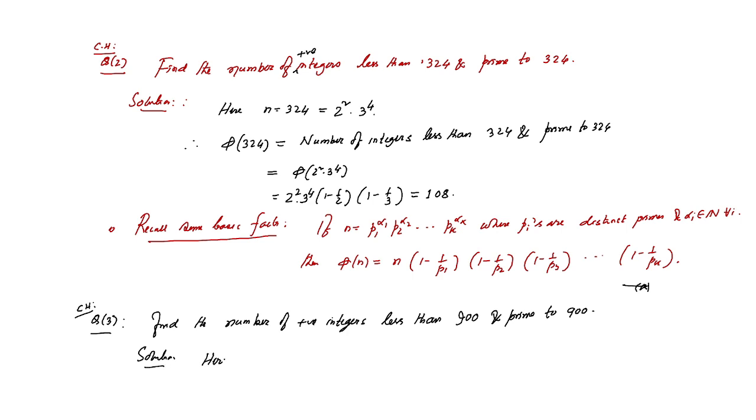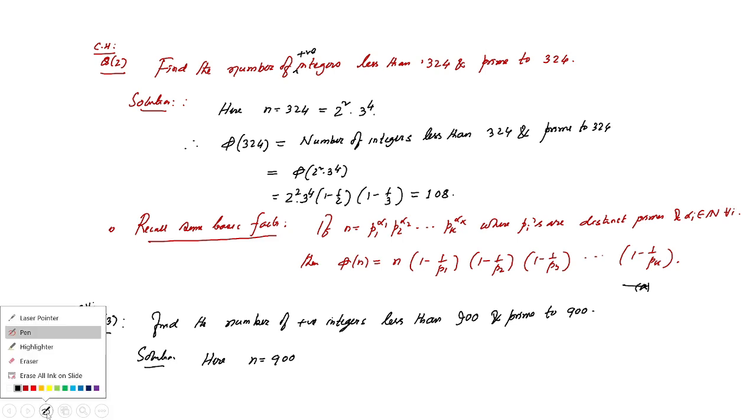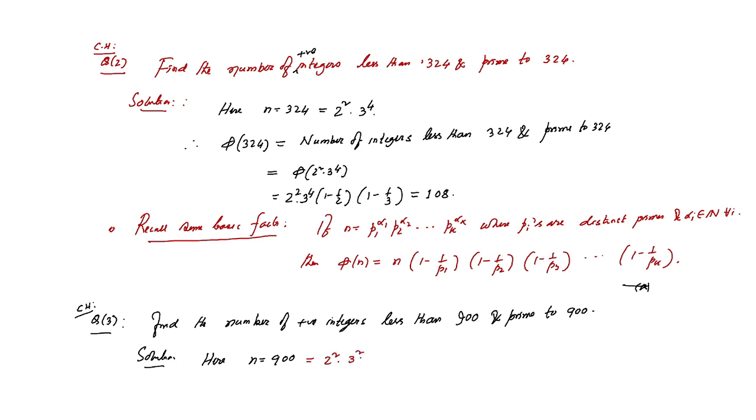Again, what is given here? Here n equals 900, and that 900 we can represent canonically by using the fundamental theorem of arithmetic. The 900 we can write as 2 square into 3 square into 5 square. So by the above fact, phi of 900 will be 2 square into 3 square into 5 square into 1 minus half, 1 minus 1/3, 1 minus 1 by 5.